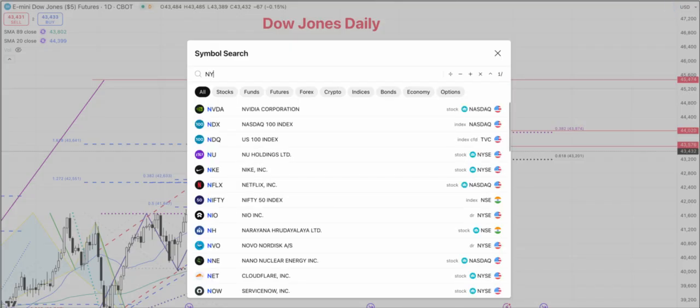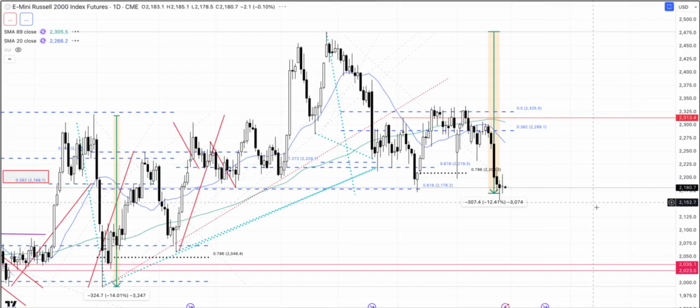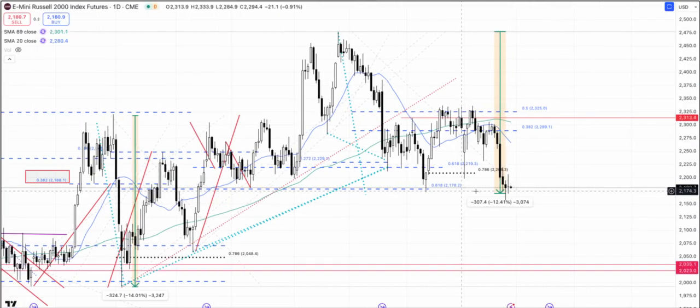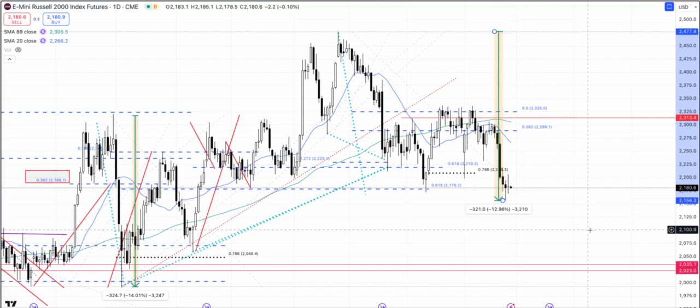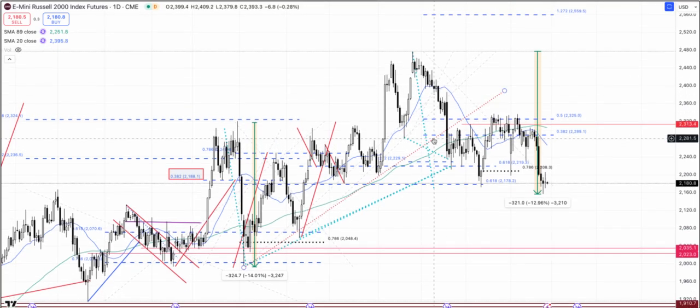Now let's also take a look at Russell 2000. Let's see how they did. So Russell 2000 is testing the bottom of the range. They have had a pretty big correction since last November. They have been down about 13% now, and you can see that this formation is not looking that good.